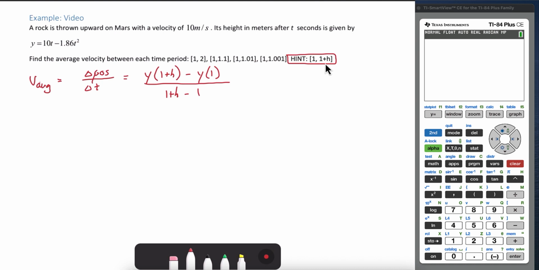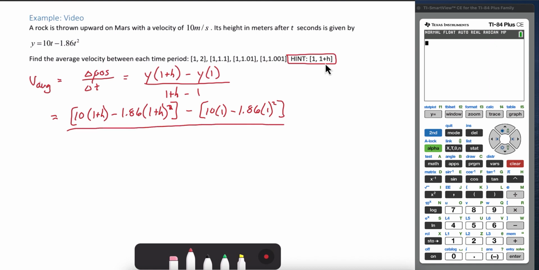So plugging this into the actual equation for y, we have 10 times 1 plus h minus 1.86 times 1 plus h squared. That's y evaluated at 1 plus h. We're going to subtract that from y evaluated at 1, which is 10 times 1 minus 1.86 times 1 squared, all over 1 plus h minus 1, which is simply h.